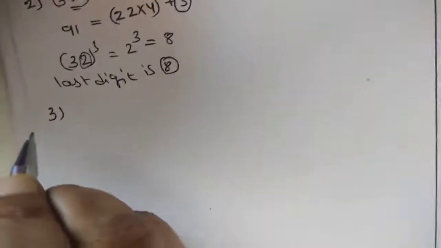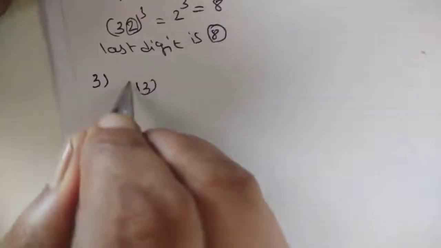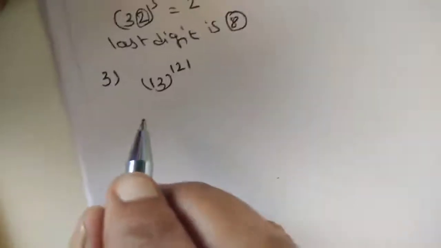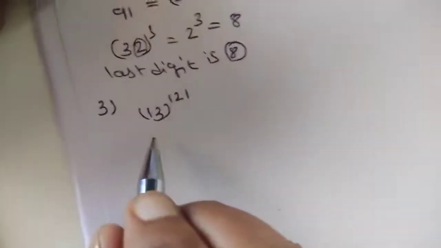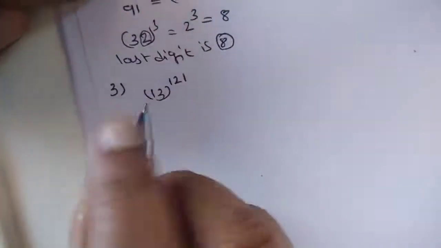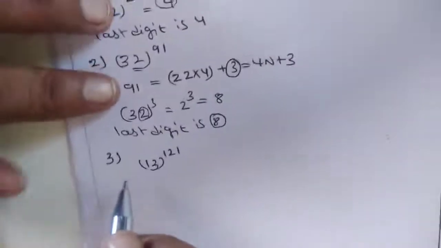Then you take third problem. 13 power 121. You need not square the number or cube the number. It's a very simple, effective and easy technique to find the last digit or the unit digit of the number.